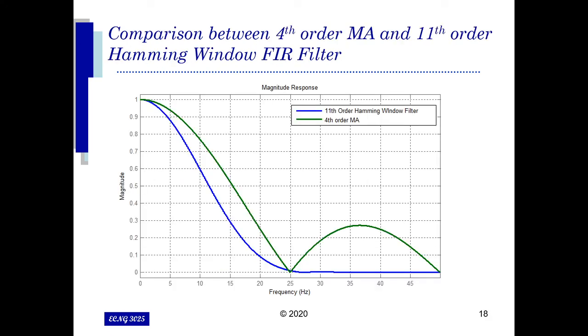And this can be seen here as well if we zoom into the magnitude response. The Hamming window filter has better attenuation than the moving average filter, as we can see here. So that brings us to the end of this FIR filter design example lecture.